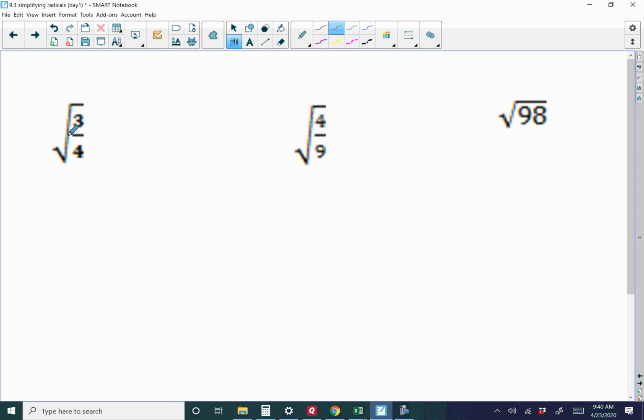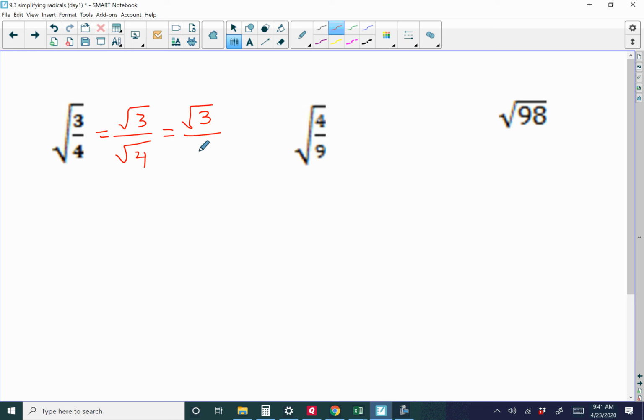Okay, now square root of 3 over 4. So I can break this up into, because of the quotient rule, square root of 3 over the square root of 4. Square root of 3 cannot be broken down any further. So I just write it as square root of 3.